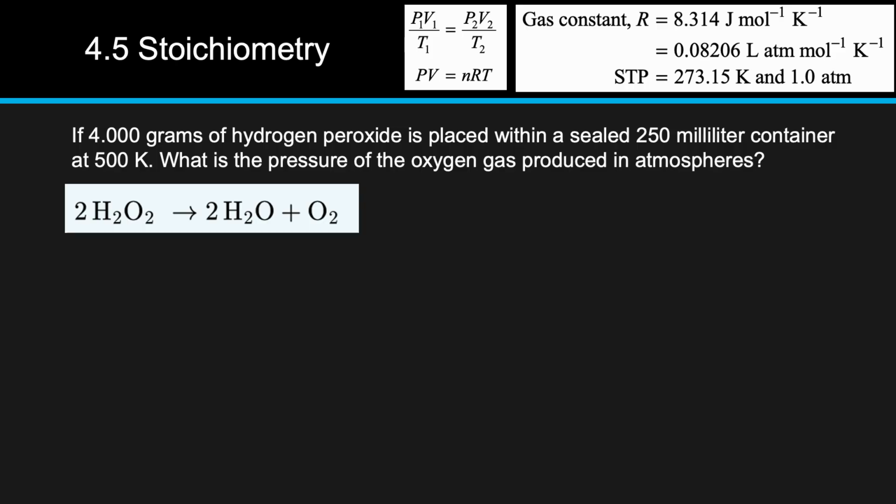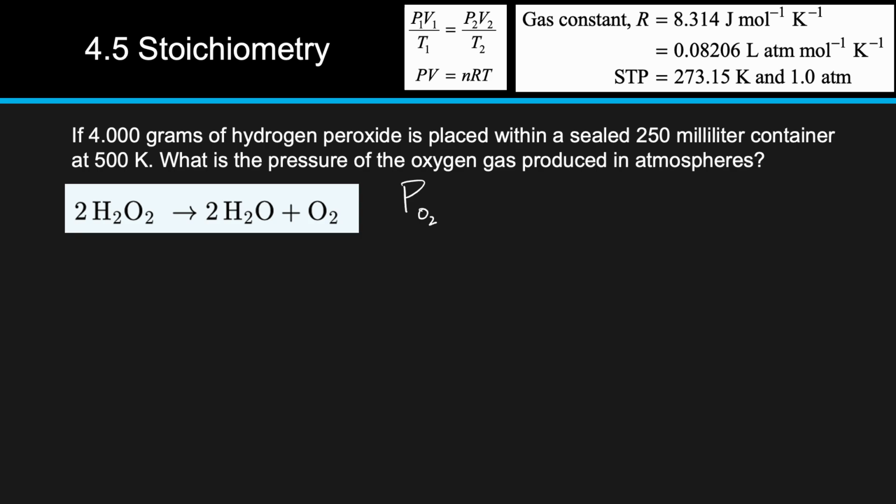So let's do an example for that. If 4 grams of hydrogen peroxide is placed within a sealed 250 milliliter container at 500 Kelvin, what is the pressure of the oxygen gas produced in atmospheres? So we are trying to solve for the pressure of oxygen gas. So we are looking for PO2.